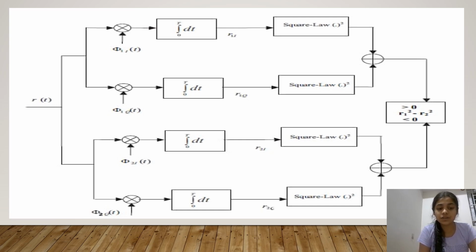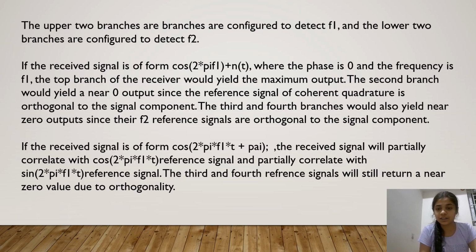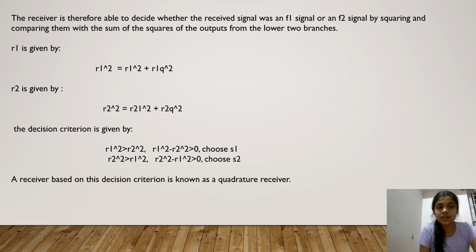The third and fourth reference signals still return near-zero values due to orthogonality, which we have discussed in this slide. The receiver is therefore able to decide whether the received signal was an f1 signal or an f2 signal.